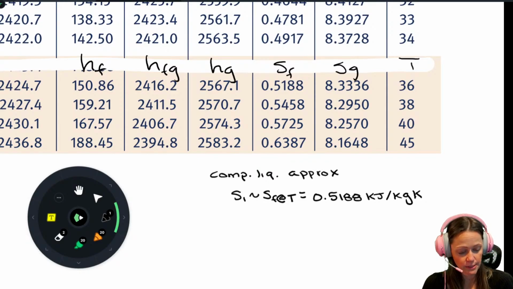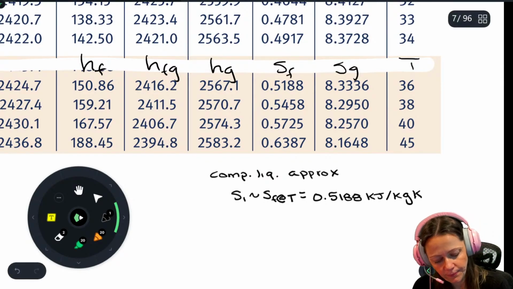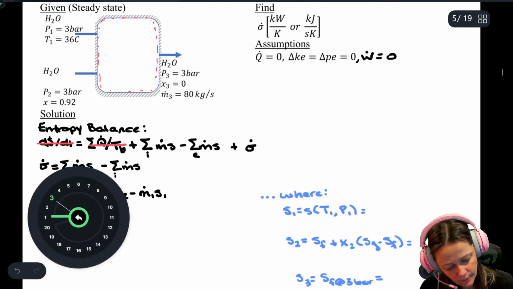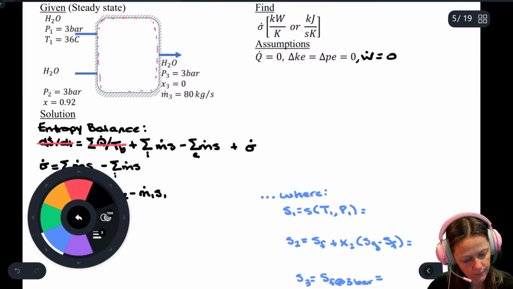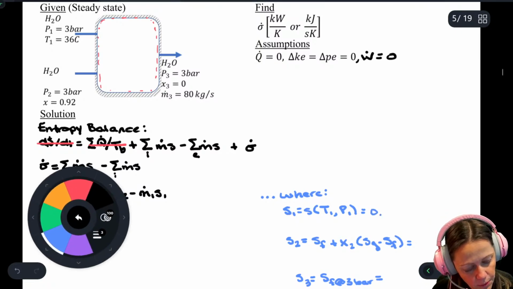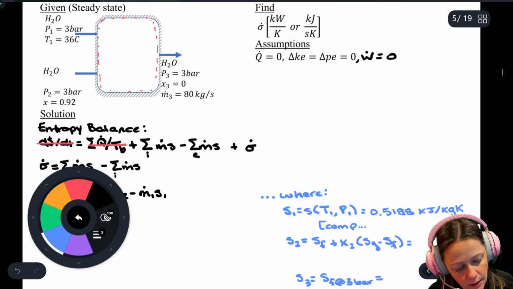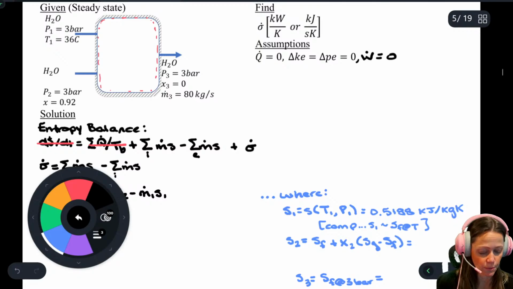We're making a compressed liquid approximation. So 0.5188. Compressed S1 is approximately S sub F at that temperature, not the pressure, but the temperature.